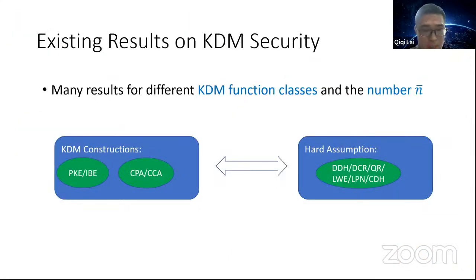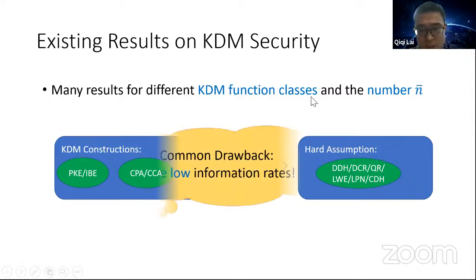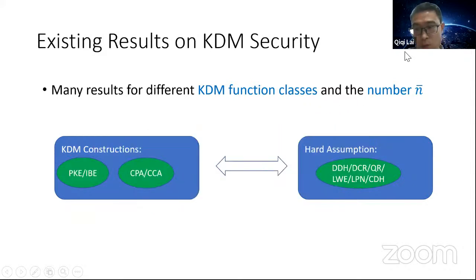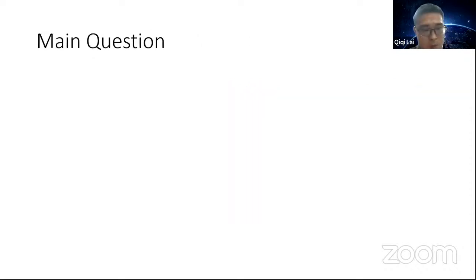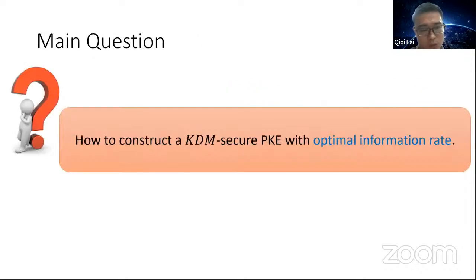There exist many PKE or IBE schemes that are KDM secure with respect to different KDM challenge function classes and the number n-bar. However, all the schemes have a common drawback. Their information rates are quite small. So my question in this paper is how to construct a KDM secure PKE with optimal information rate.